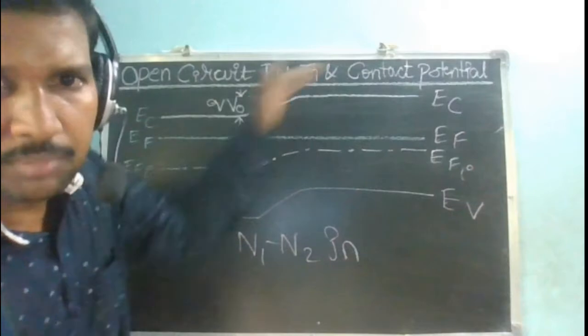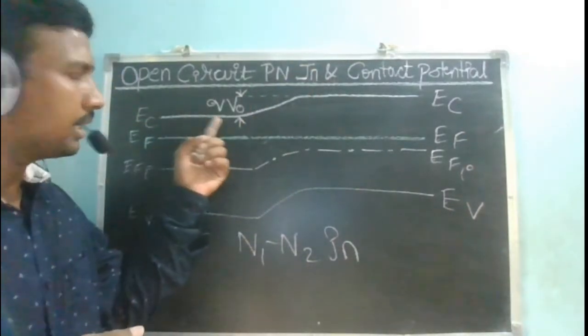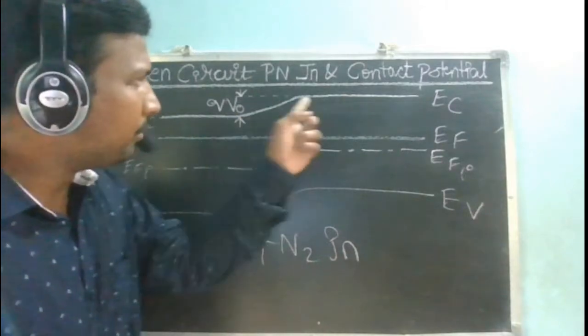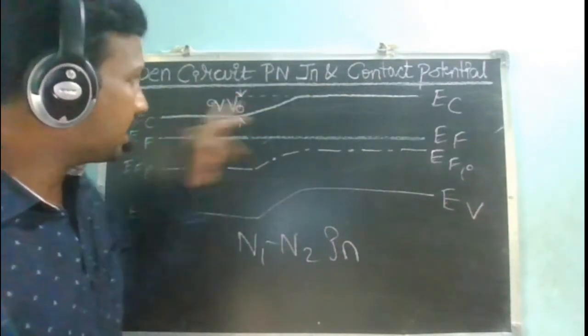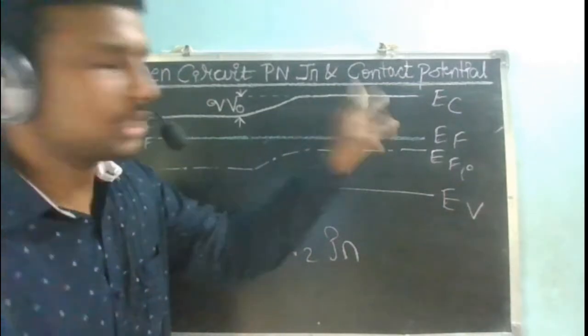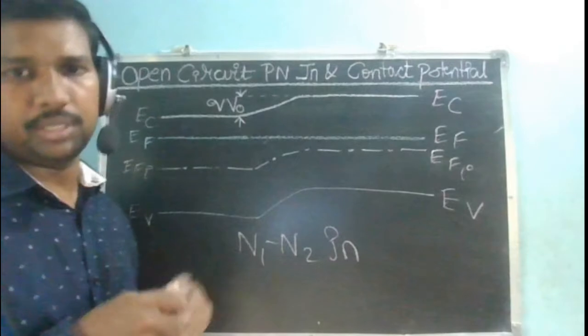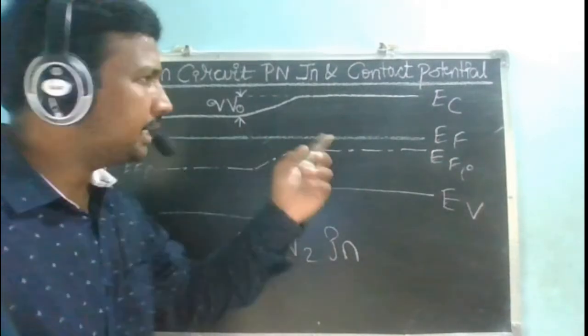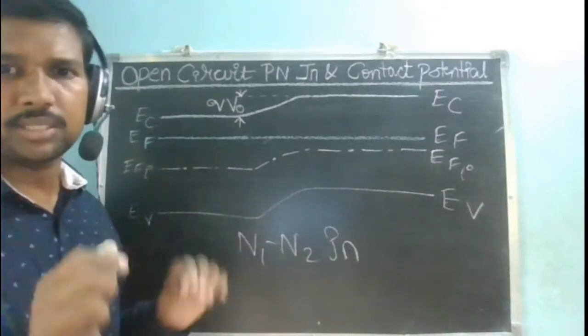They are able to see some height to cross over. The electrons in this EC conduction band are able to find some height barrier, so that they are not able to cross that barrier to move on to this particular side. That is why no particles are moving. That is why my dEF by dx is 0. Whenever my dEF by dx is 0, no particles are going to move.